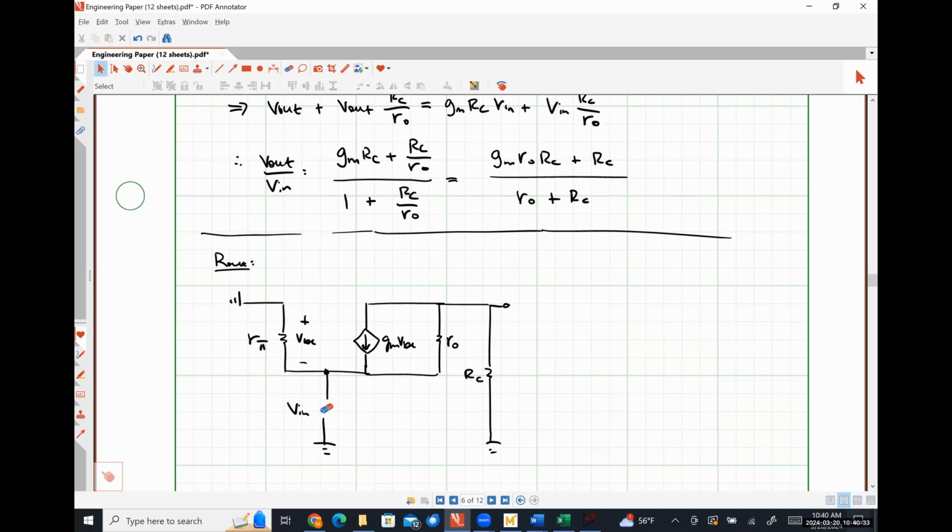Short VN. Okay. All right, so with VN shorted, what's VBE? 0. So what's our output resistance? R naught in parallel with RC. Absolutely right. Great, that's easy enough.